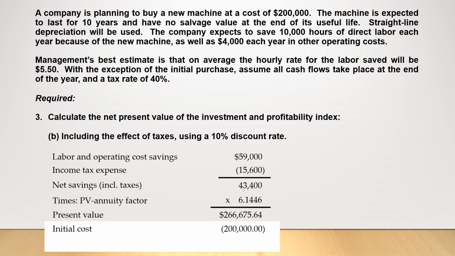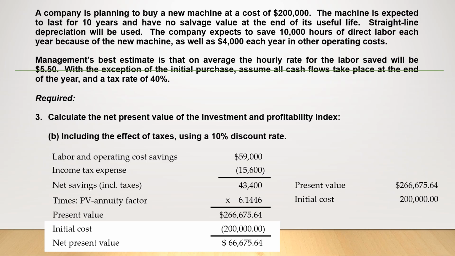Subtract out the initial cost of $200,000 to get a net present value of $66,675.64. Divide the present value of the future cash flows by the initial cost to get an index of 1.333.